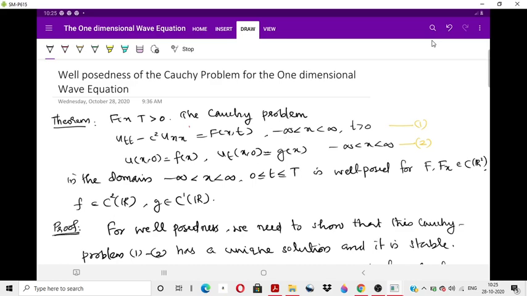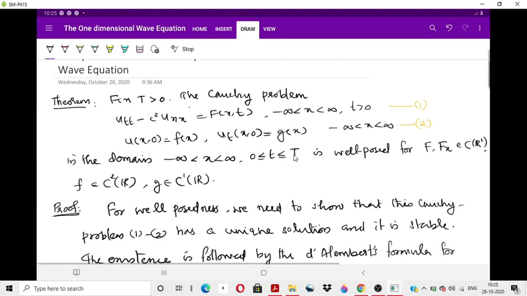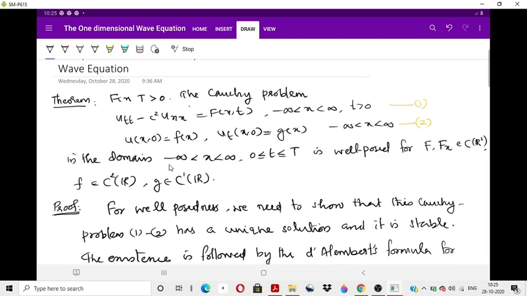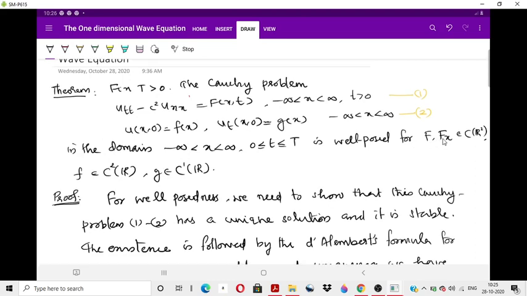The Cauchy problem given by equations 1 and 2, that is u_tt minus c squared u_xx equal to F of x,t, where minus infinity less than x less than infinity and t greater than 0, u of x,0 equal to f of x, u_t at x,0 equal to g of x, where minus infinity less than x less than infinity, in the domain minus infinity less than x less than infinity and 0 less than or equal to t less than or equal to capital T, is well posed for F, F_x in C of R2, small f in C2 of R, and g in C1 of R. That is, the external force F and its partial derivative with respect to x are continuous functions on R2, small f is a C2 function on R, and g is a C1 function on R.